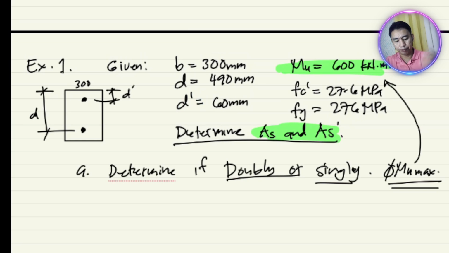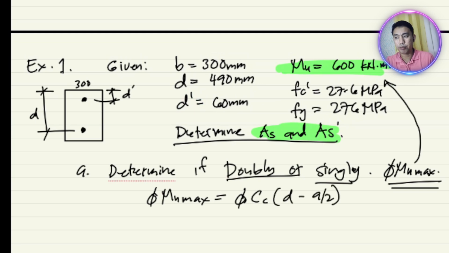So let's check. We have the formula to how to determine the phi mn max. Okay, in our singly reinforced, phi mn max is equal to phi cc, that's compression due to concrete, times d minus a over 2. Okay, so how do we determine a?